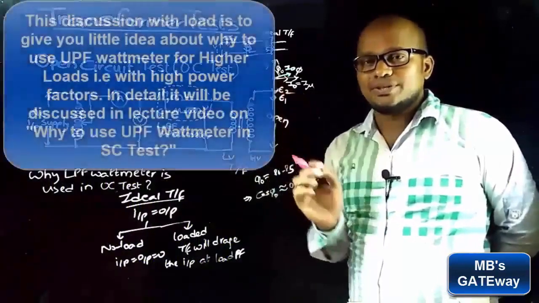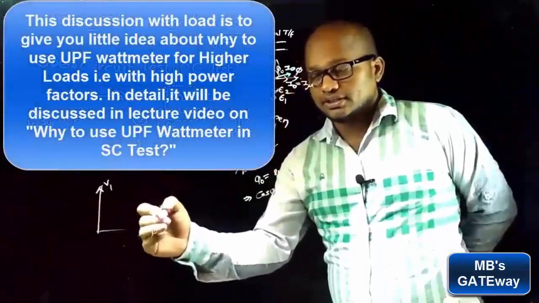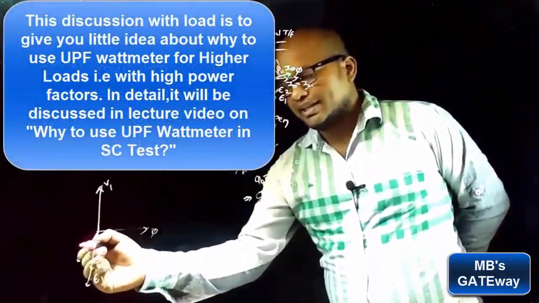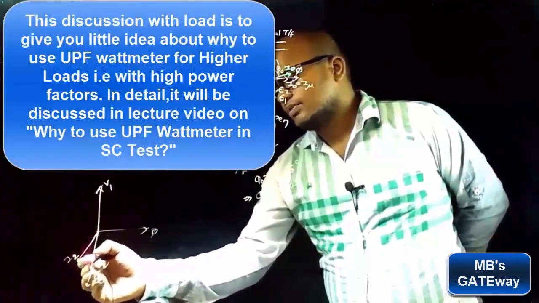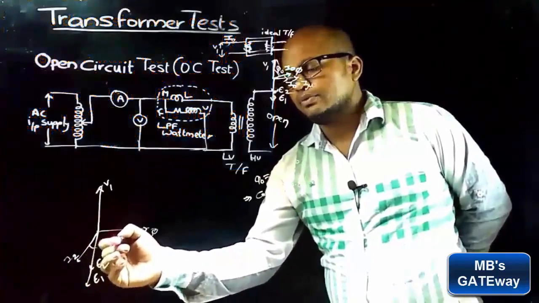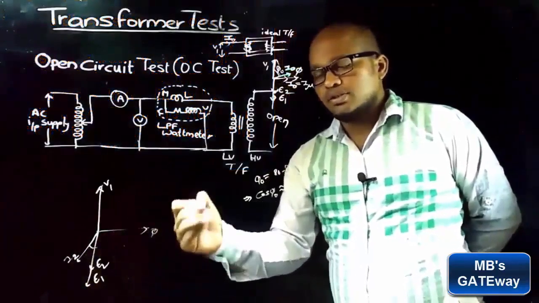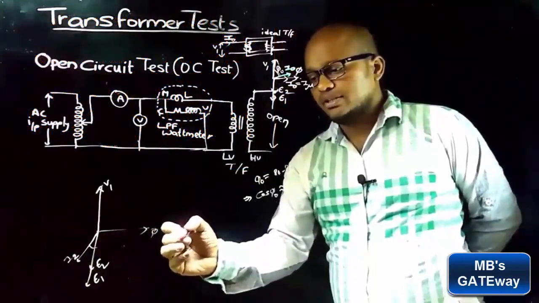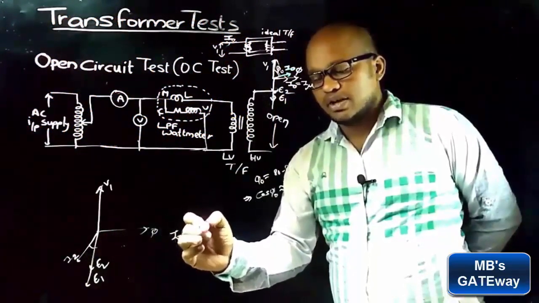If suppose load is connected, let the load be lagging load. So current I2 will be in lag with induced EMF E2. When load is connected, now the transformer will drag the extra current I2 dash.